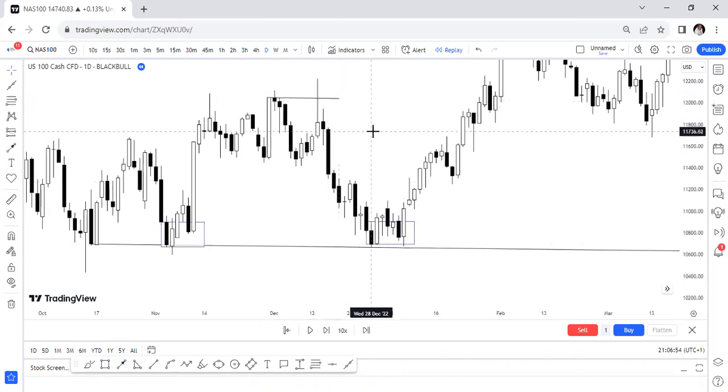Come down, and it comes down like that. So that is the stop there.